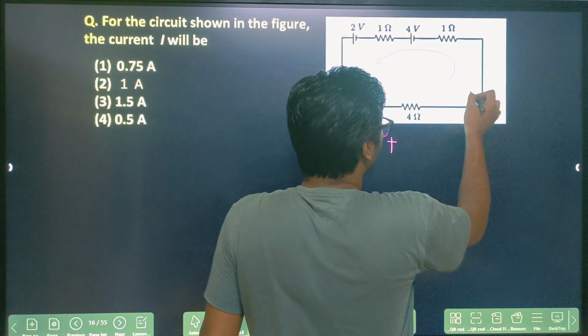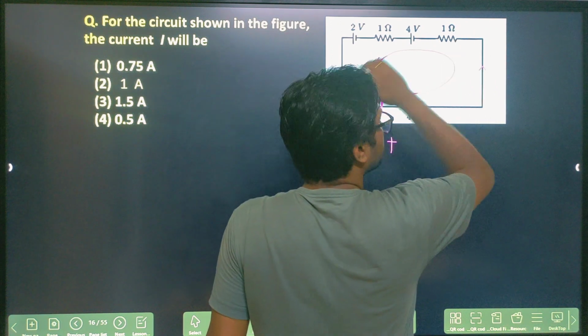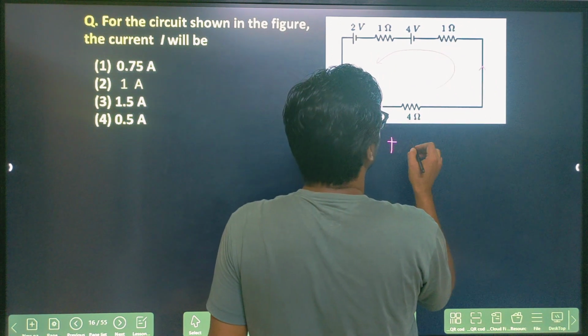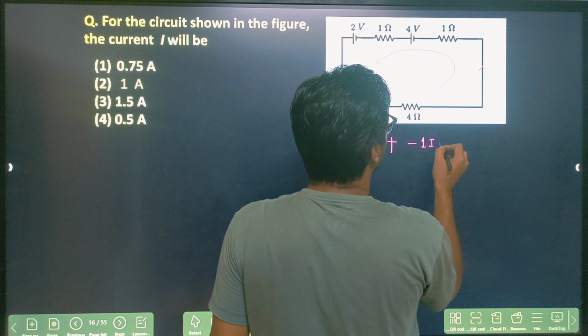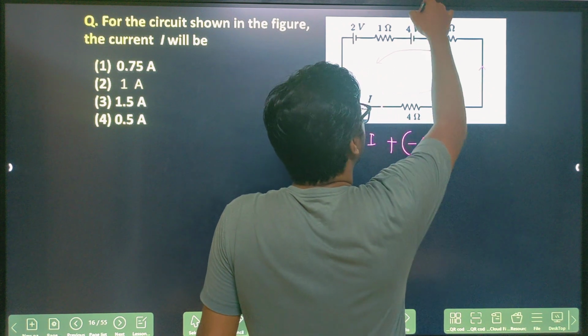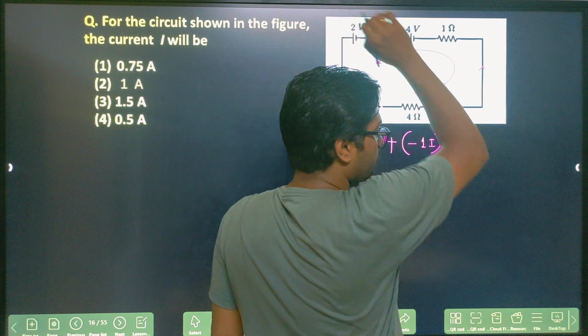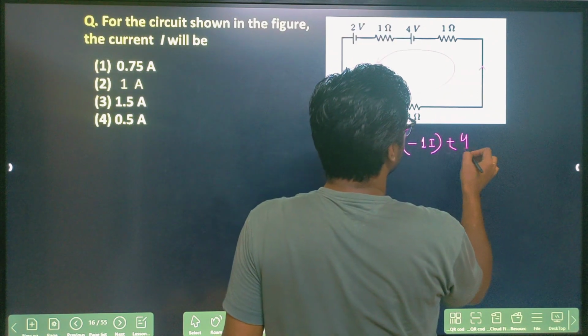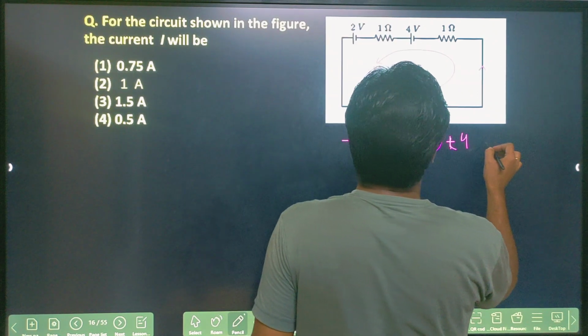Plus, you are moving along the direction of the current through the resistor, there will be a drop in potential, minus 1 into I. From negative to positive you are going, that means there is an increase in potential, that is plus 4.